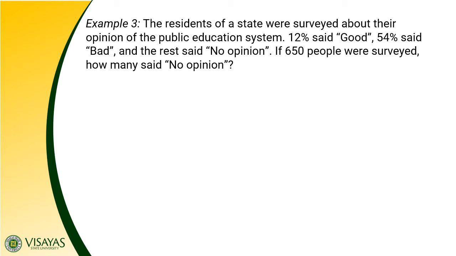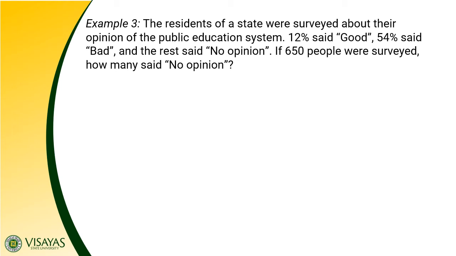And again, let us determine what the unknown is here. Is it the X, the Y, or the Z? As we observe the problem, you are actually looking for the number of people who said no opinion. Meaning, the unknown here is Z.